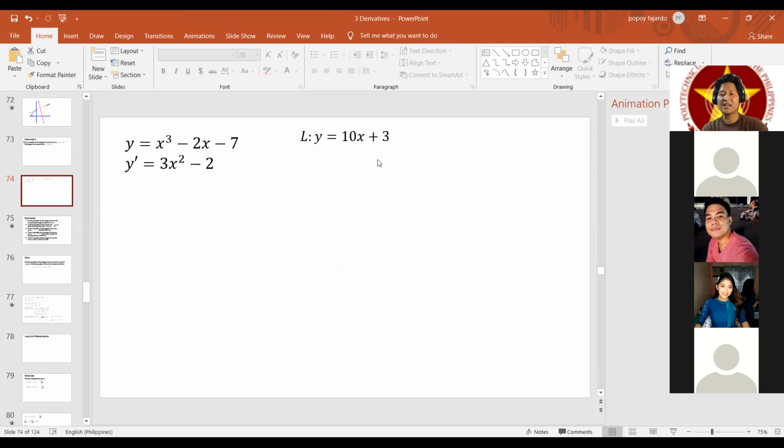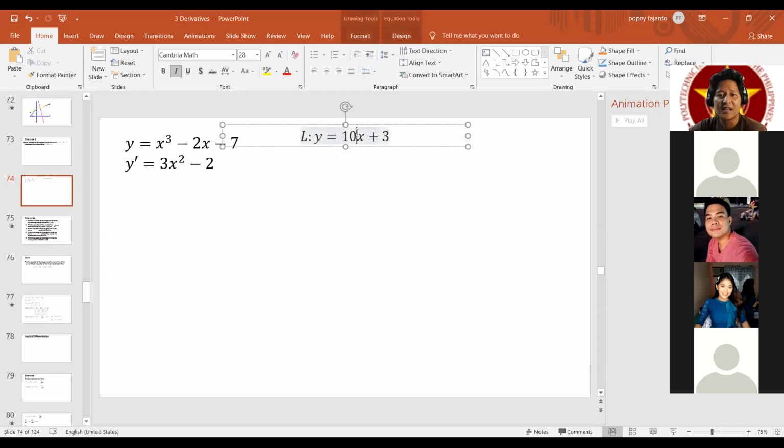Kanina, nasabi natin na yung perpendicular lines, negative reciprocal, di ba? Pag parallel naman, pag meron kang dalawang distinct lines, ang slope niyan will be equal to each other. Kahit na magtapat yan, it will be the same. Non-vertical din pala.